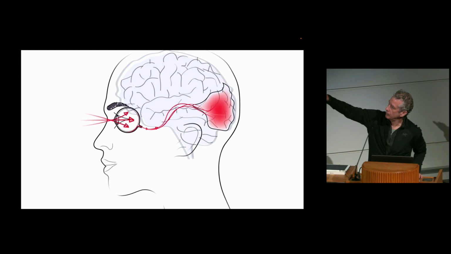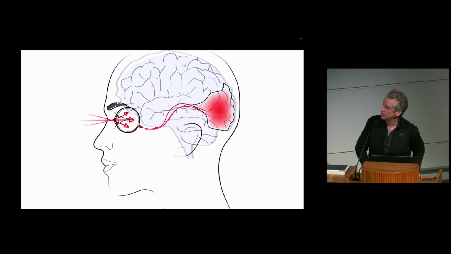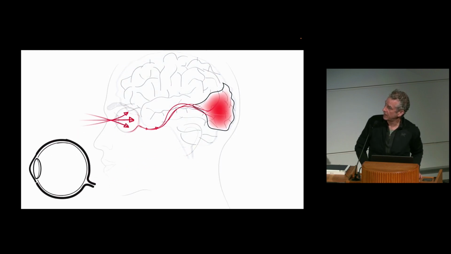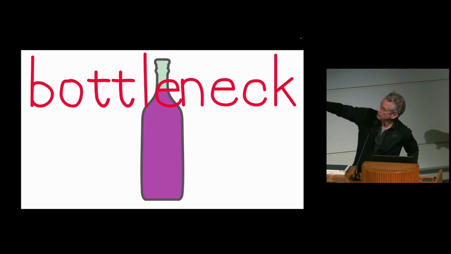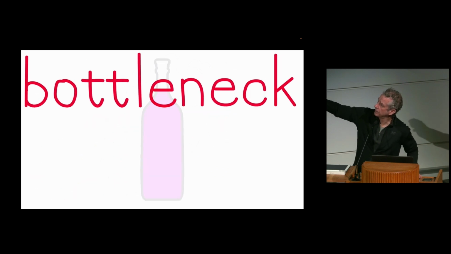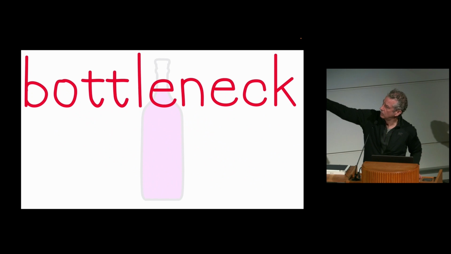So this is one of the super interesting things about vision, is that those electrical signals in the form of light are hitting the retina, and they're going through that little opening, which is your optic nerve, and it's going back to the visual processing area. That little optic nerve is a true bottleneck.